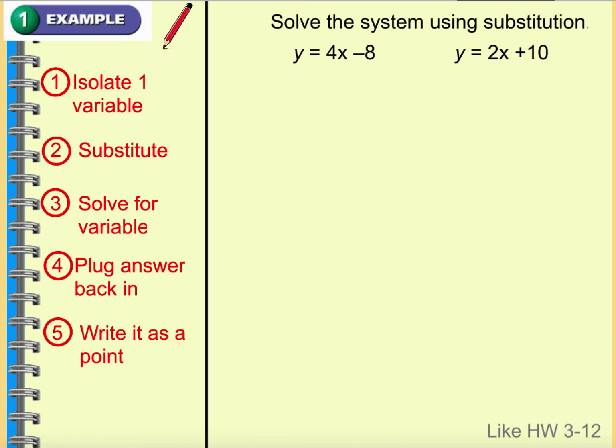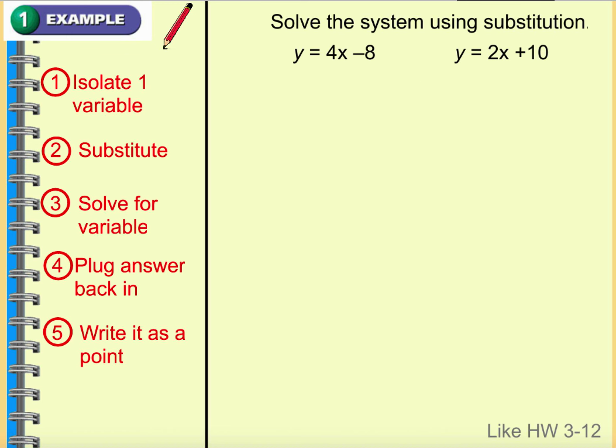So here we go. We want to solve this system using one of our favorite methods, the substitution method. What I like about the substitution method is if it's easy to isolate one of your variables, so get one of your variables alone, you can then substitute that equation into the second equation, or third if there happens to be 3.